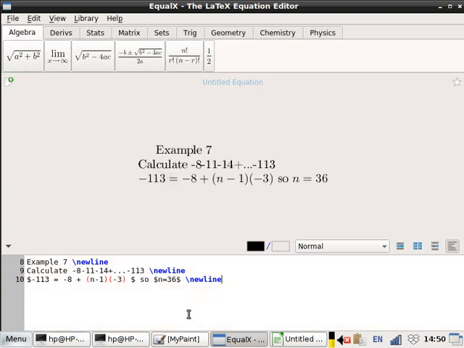You've gotten the S part now, is it? Yeah, so use a equals minus 8 and d equals minus 3 and n equals 36 into the S formula.